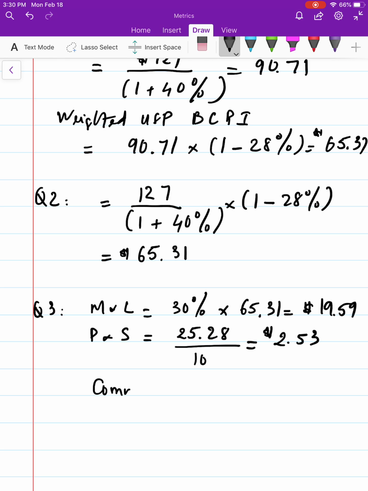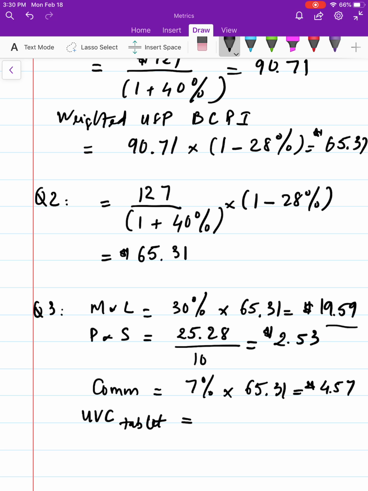Commission for the sales force is 7% of the unit selling price, which would be equal to $4.57. Therefore, the unit variable cost per tablet would be equal to the sum of all these 3 variable costs together, and that would equate to $26.69.